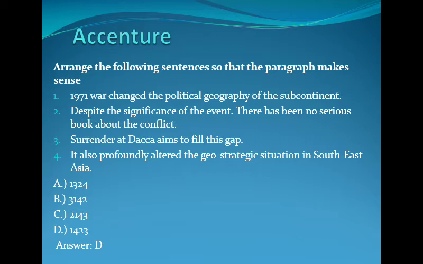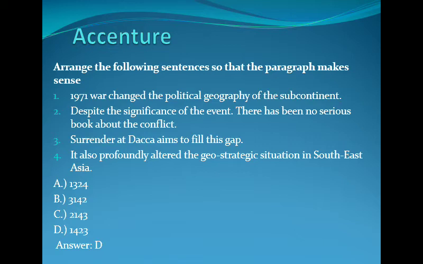Here you can see these are para-jumbles. That is, you have a set of sentences given. So these are jumbled sentences and you need to put them in the proper order. So the basic strategy over here is to identify a sentence which is of a generalized nature, so that we can start off with that.